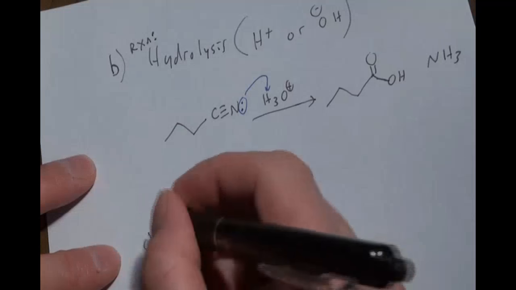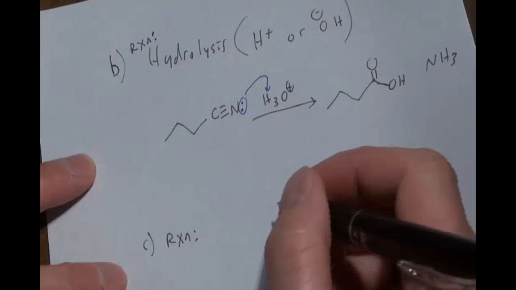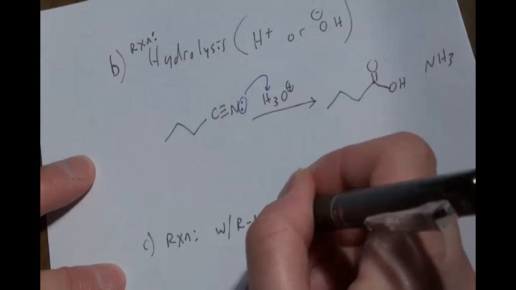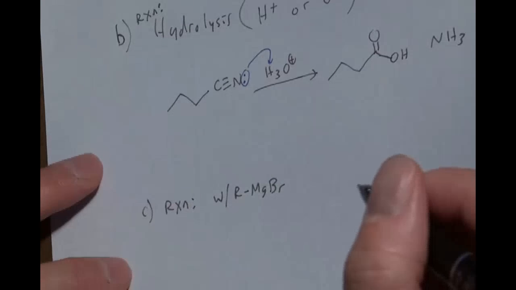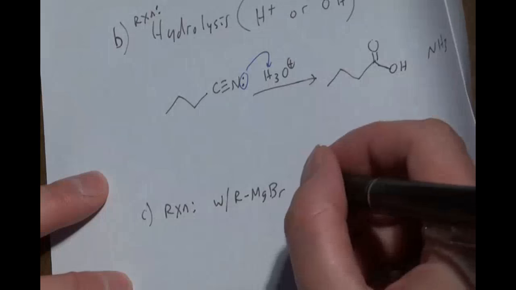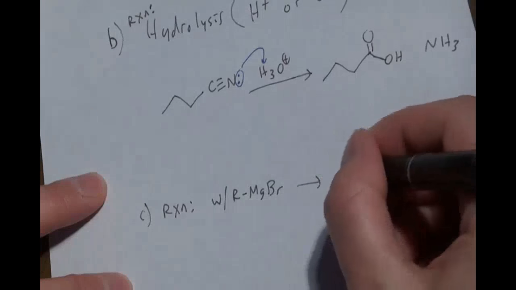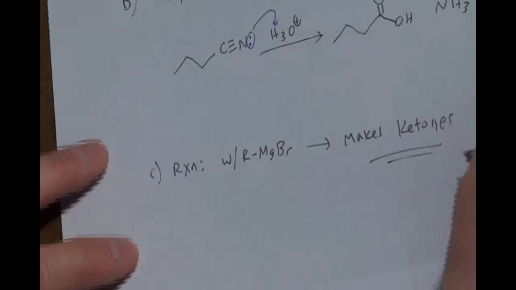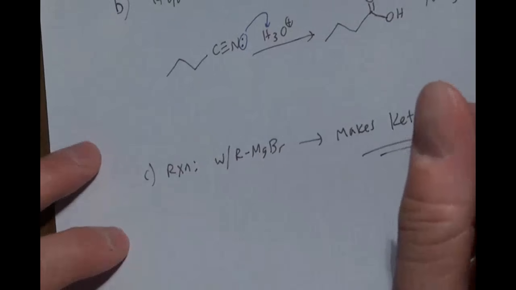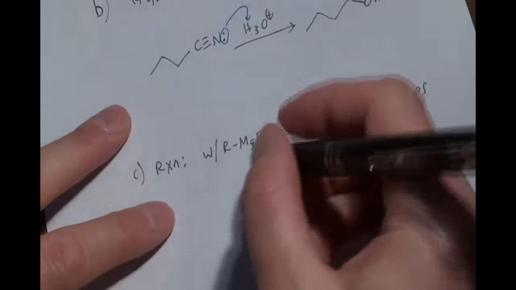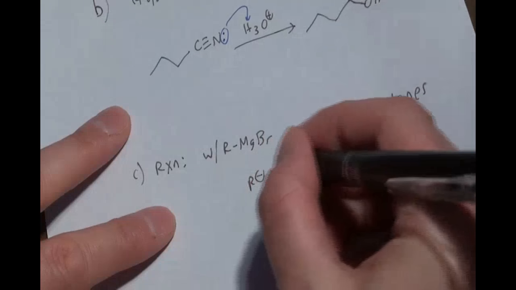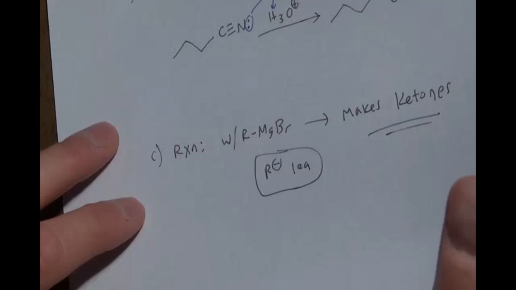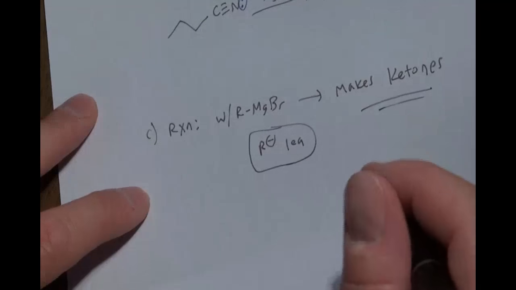Another reaction of a nitrile is with Grignards. And this is a little bit weird, but it makes ketones. How does reaction of a nitrile with a Grignard make a ketone? Well, we're going to call this R minus, 1 equivalent too, because it only adds once and we get a ketone. Let's just show how it works.